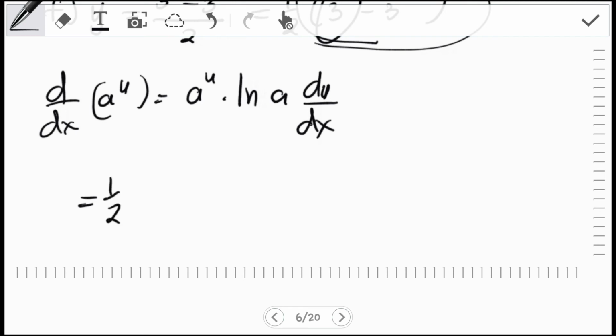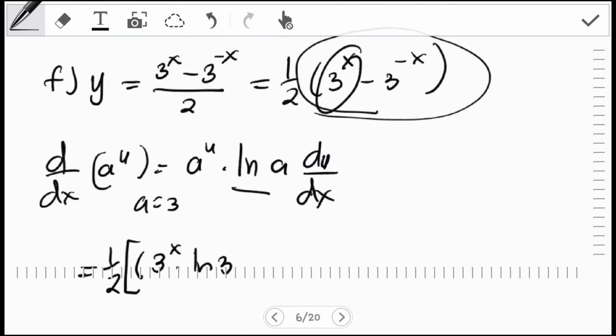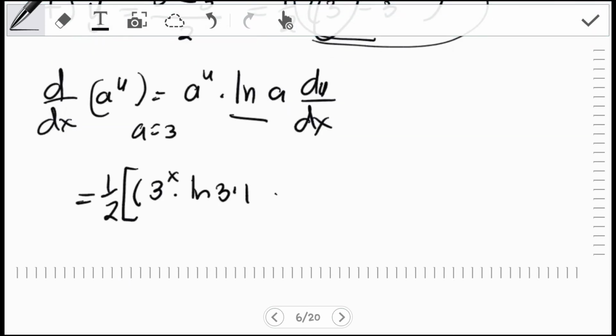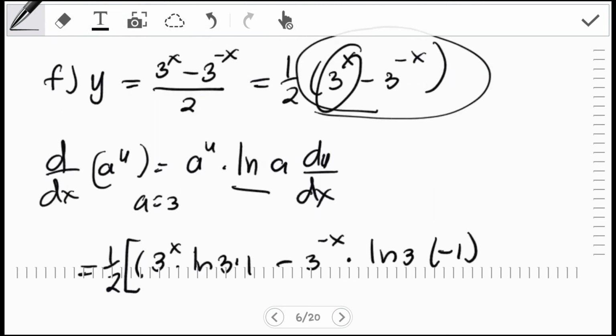So that is 1/2, get the bracket, then take e equal to 3, so 3 to the x times ln 3, and the derivative of x is 1, so times 1, then minus 3 to the power negative x times ln 3, then times negative 1, where du is the derivative of negative x, that is negative 1.